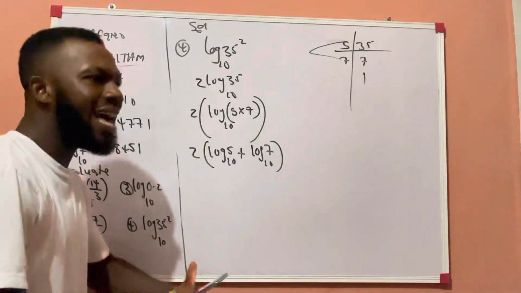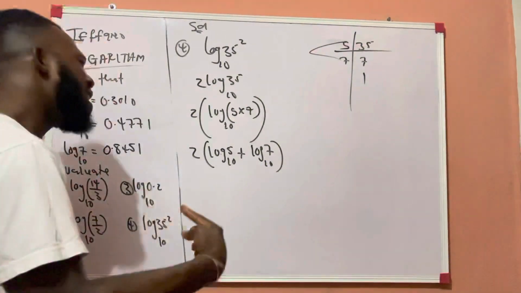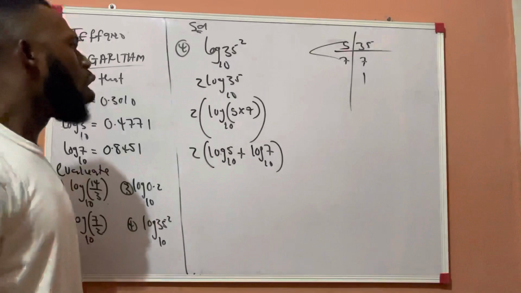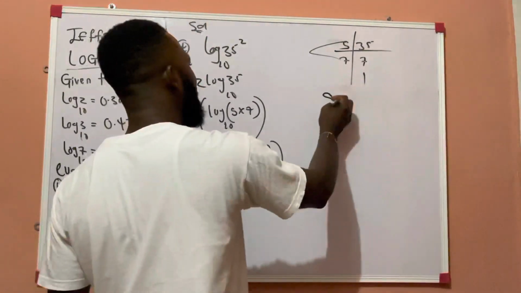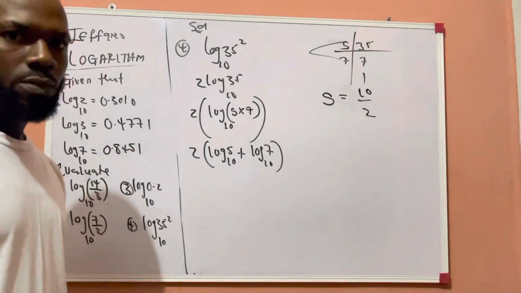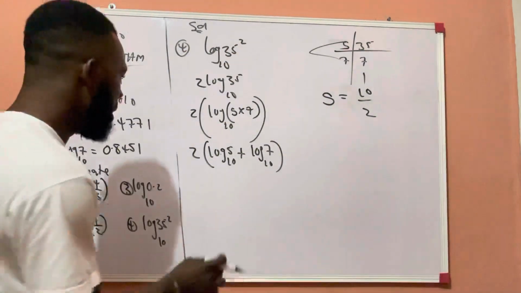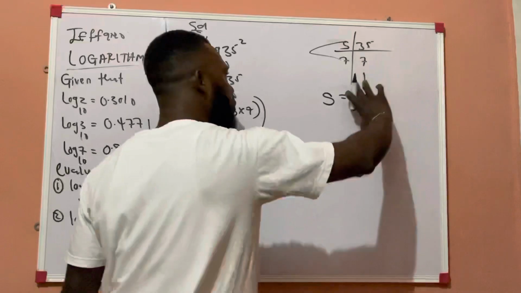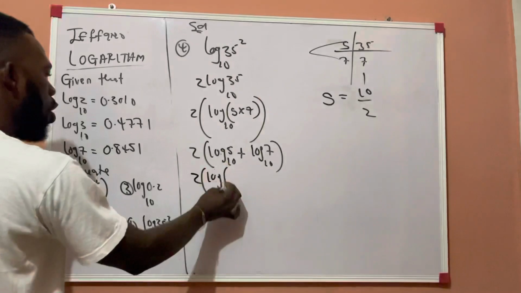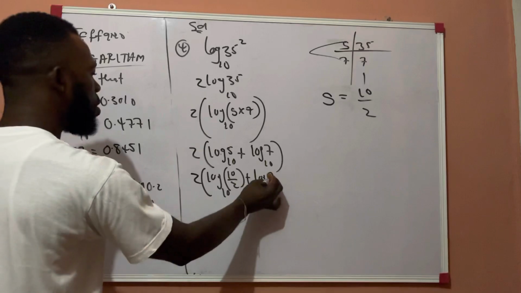You don't have access to a four-figure table, and you don't have access to a calculator, so you improvise getting log 5. 5 is the same thing as 10 over 2, because 10 divided by 2 gives us 5. Anywhere I see 5, I put 10 over 2. So here becomes 2 into the bracket of log 10 over 2 base 10 plus log 7 base 10.